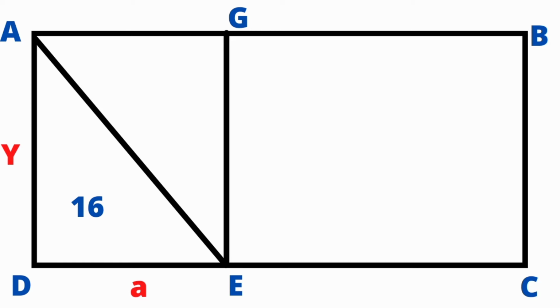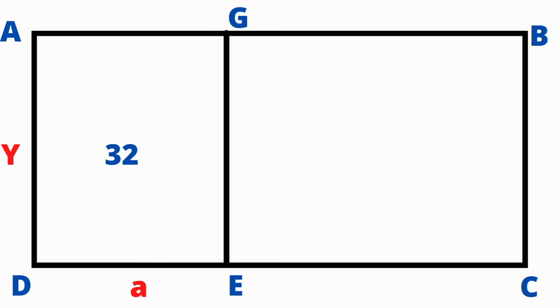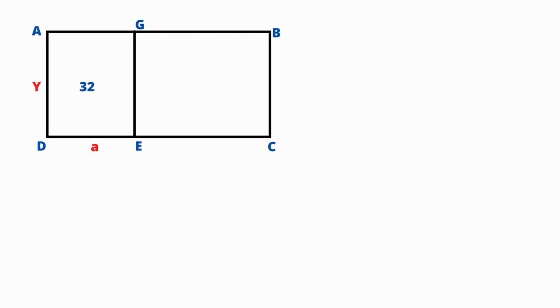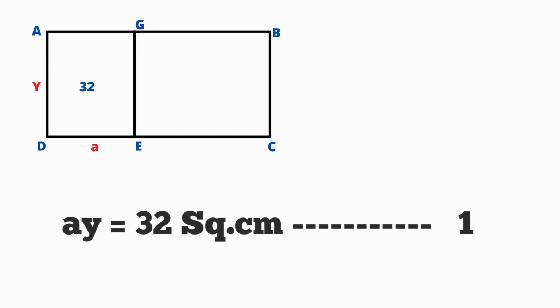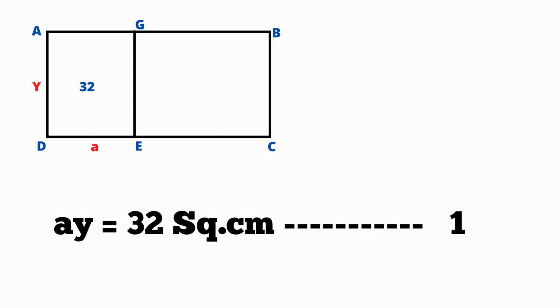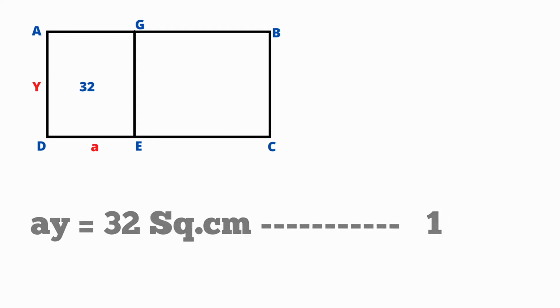So, area of ADE is also equal to area of AEG. So, the area of rectangle ADEG is equal to 32 cm square. Therefore, AY is equal to 32 cm square. Let's say it as equation 1.